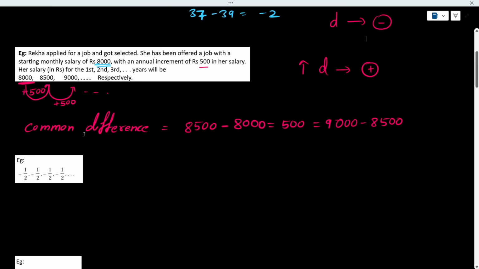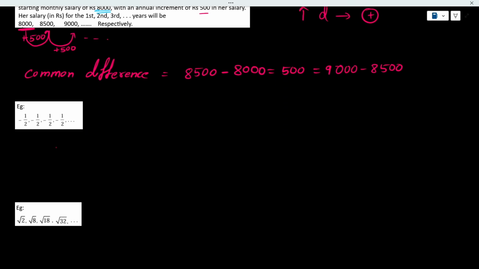Now sometimes it is a fixed value D, but what happens if all my terms are minus 1 by 2, minus 1 by 2? If I take the common difference D, minus half minus of minus half is minus half plus half, which is 0, right? So whenever the terms are the same, the common difference is 0. So your common difference can be 0.